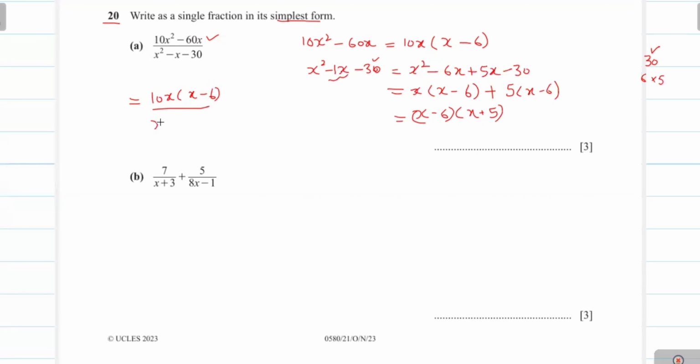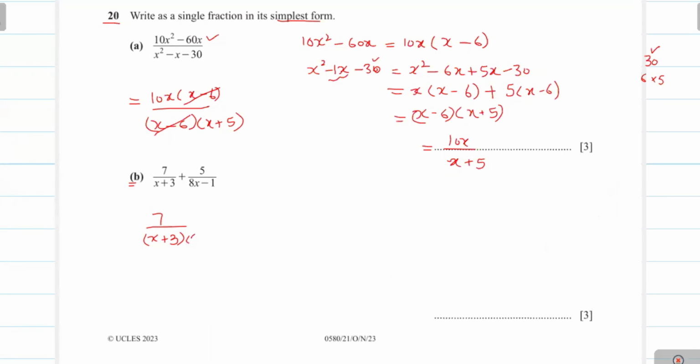Next, part B: 7 over x plus 3 plus 5 over 8x minus 1. To add these two fractions, we will make the denominators the same. We multiply 7 over x plus 3 by 8x minus 1, and this fraction becomes 7 into 8x minus 1 over x plus 3 into 8x minus 1.